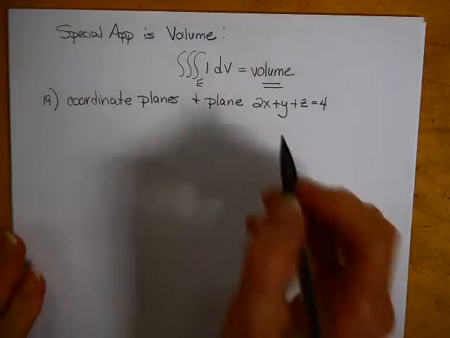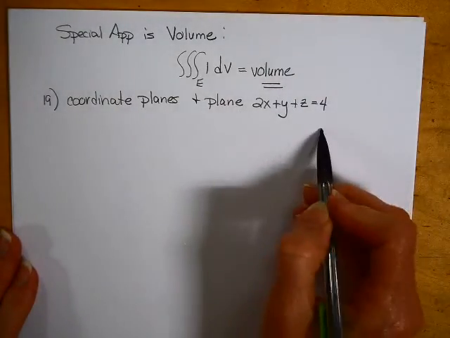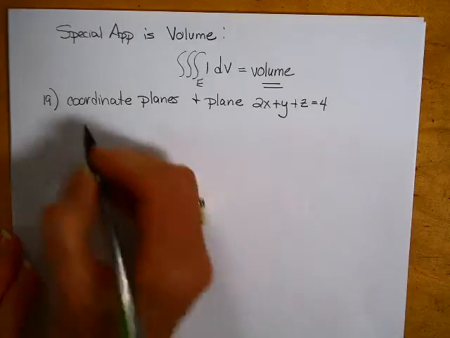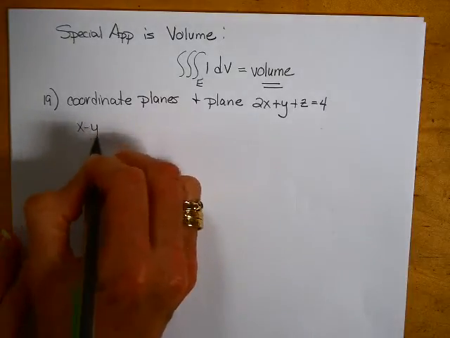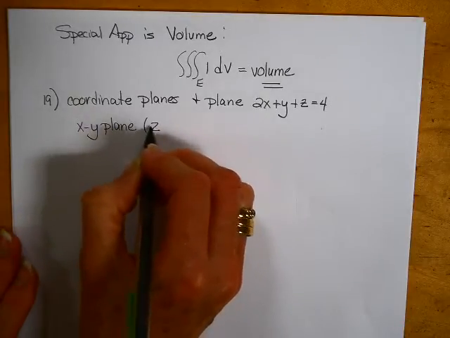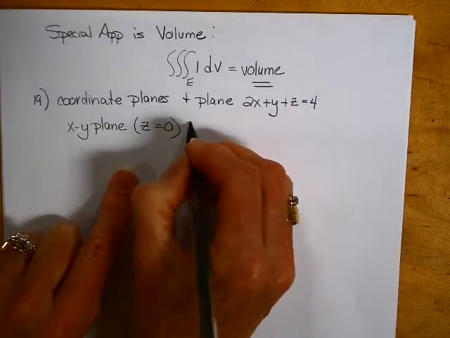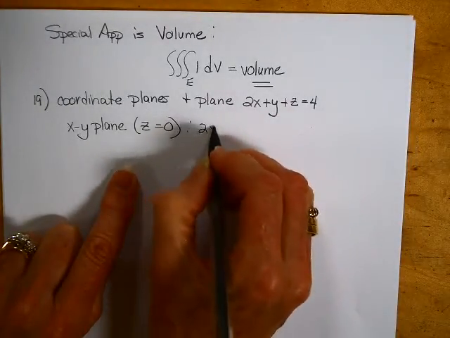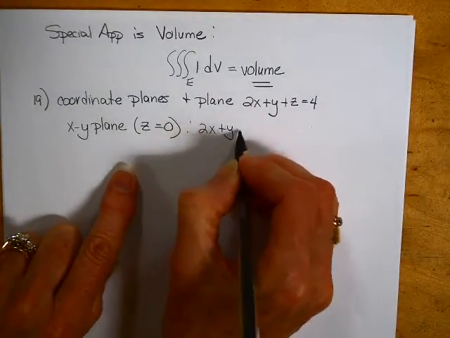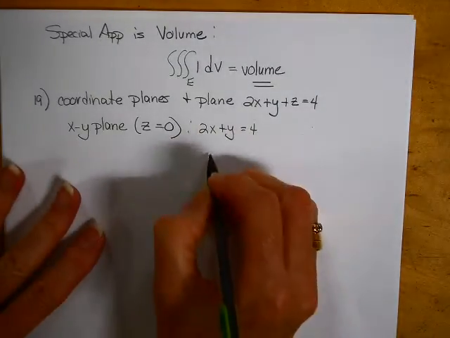Okay, so first thing I would do is project this shape to the xy plane. When it projects to your xy plane, what happens? That means z is 0. So if z is 0, you're looking at the graph of 2x plus y equal to 4 to get your limits of integration.